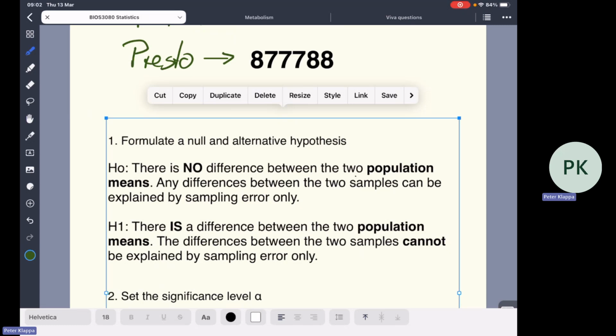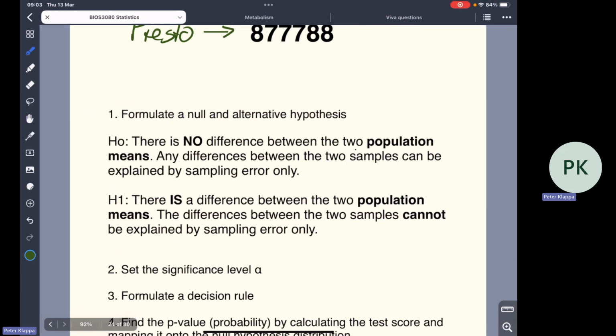I have put down one alternative hypothesis, and today we will also see a different one. Here, we just negate the null hypothesis and say there is a difference between the population means, and the differences between the samples are due to sampling error and an additional effect, probably what we are investigating, whether it's a drug or treatment or something like that. That is step one.